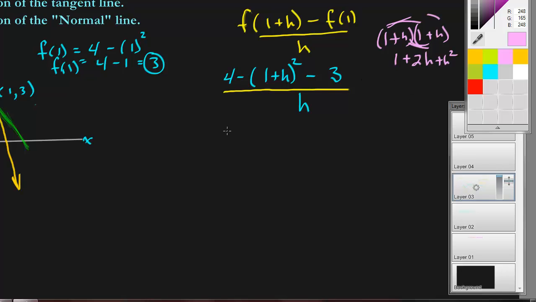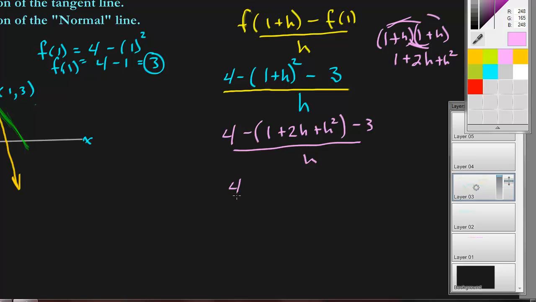And now we're going to put that back. 4 minus, now remember, we're taking away all of this, so it's minus all of this. And these signs have to be paid very close attention to, all over h. So what we're going to have to do is switch all these signs here, and I'll do that first.